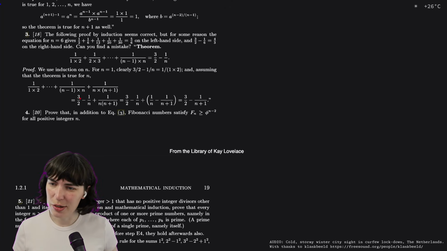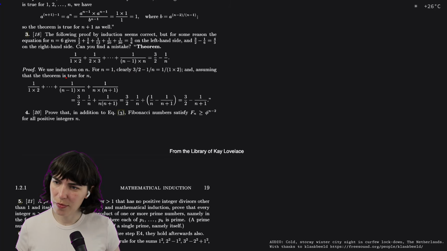Alright, so what is he doing here? Oh, funny bird noise. We use induction on n. For n equals 1, yeah, fine. And assuming the theorem is true for n, we try to prove that it's true for n plus 1.